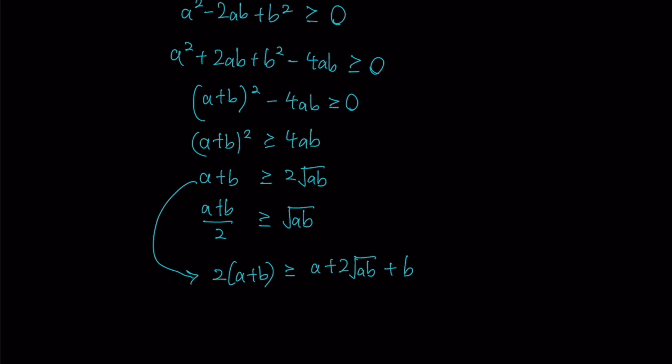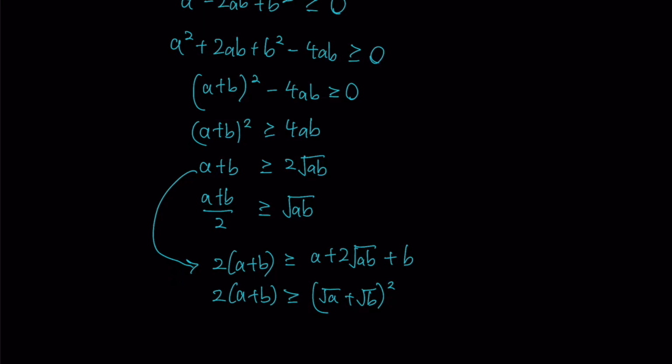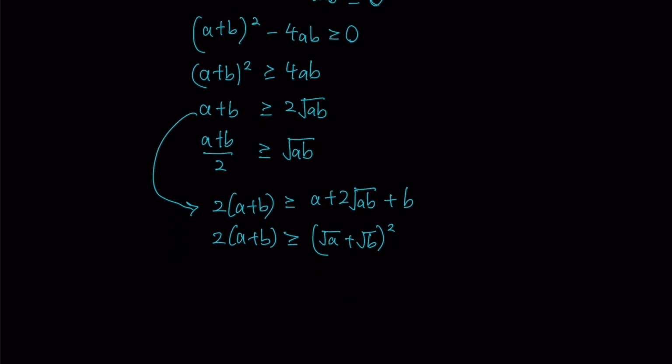And the reason why I'm writing a and b in this specific format is to illustrate that a plus 2 root ab plus b is actually the square of root a plus root b. In which case, we will be able to square root both sides of this inequality, and we can therefore claim that the root of 2 times a plus b has to be greater than or equal to the sum of root a plus root b.